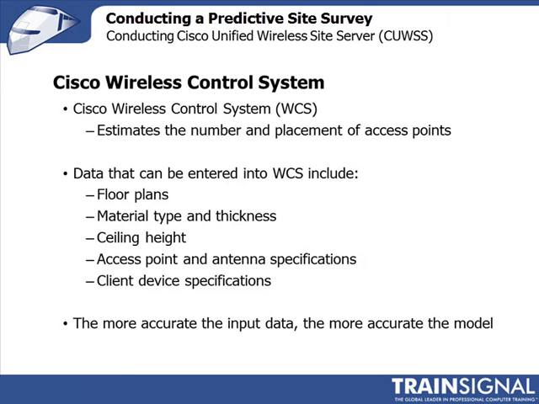So before we look at a demonstration of the Cisco wireless control system, let's just talk a little bit about it. The wireless control system, not unlike the Air Magnet Planner tool, also allows you to import floor plans, allows you to define the walls, the cubicles, allows you to define the types of materials, ceiling height, where you want to place your antennas, where you want to place your access points, the antennas and the directivity of those antennas.